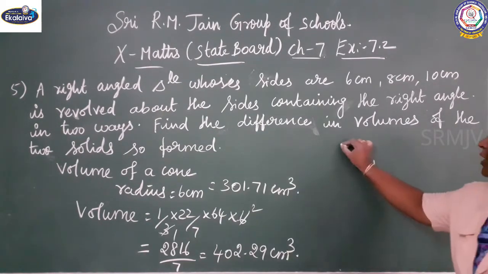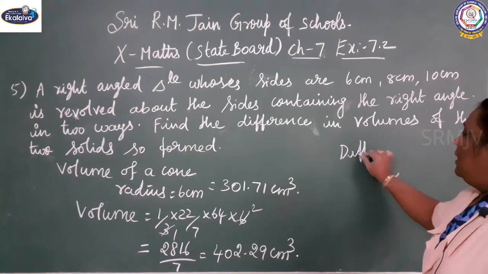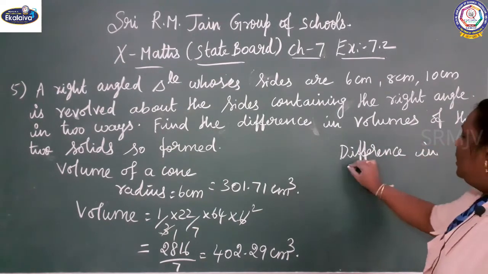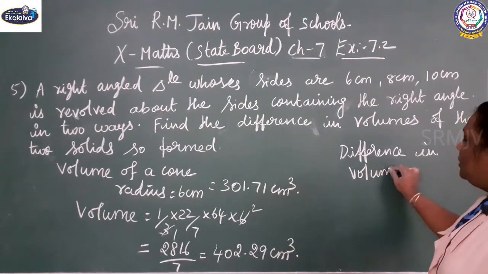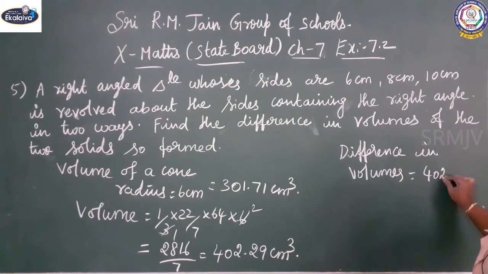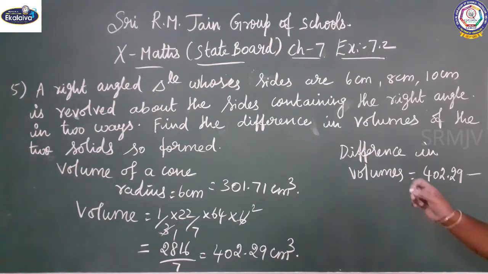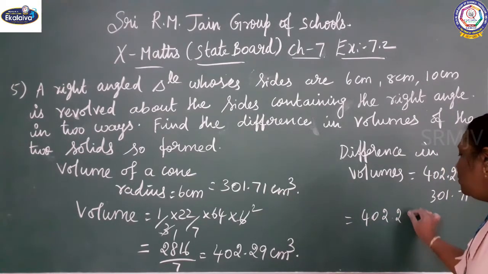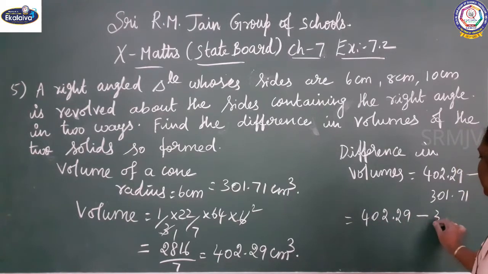See, now you find out the difference in volumes. Difference in volumes equal to 402.29 minus 301.71.